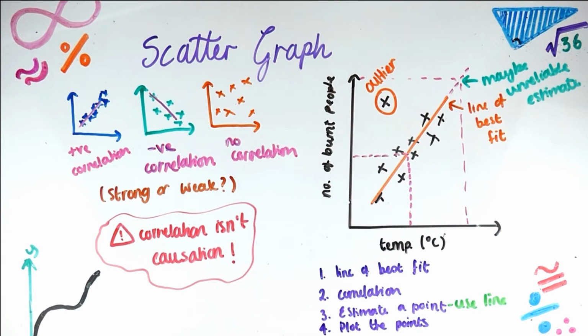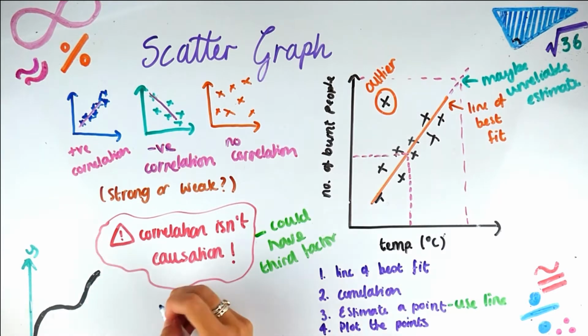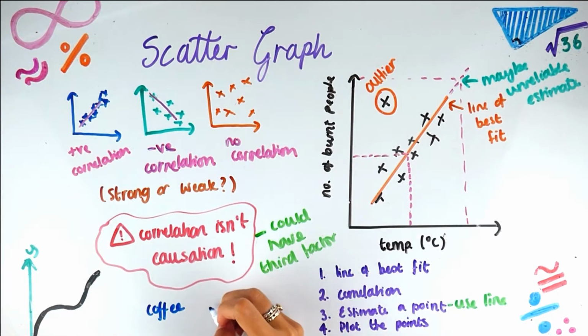But there are examples where this isn't the case. It could be that a third factor is contributing to both of them, which increases them both, not each other. One example I was once told is that the more coffee you drank, the more your chances of cancer increased.